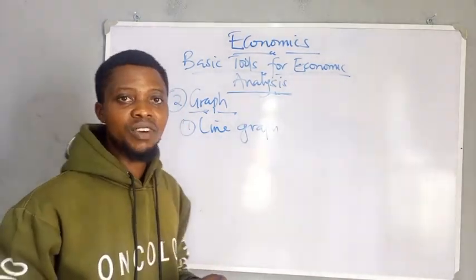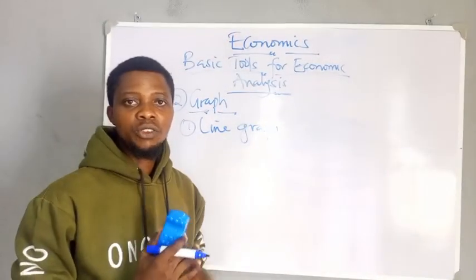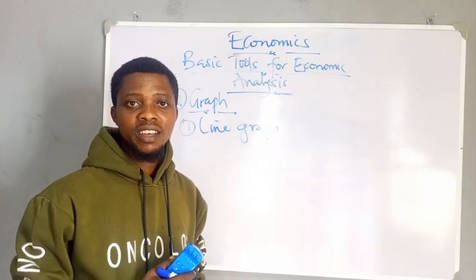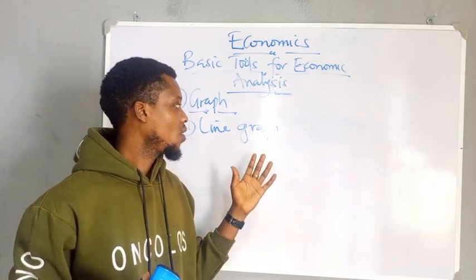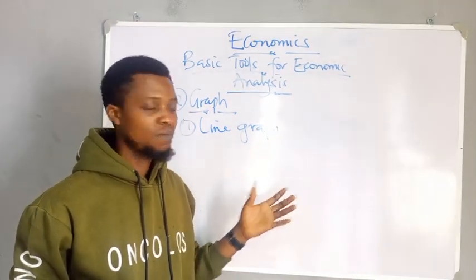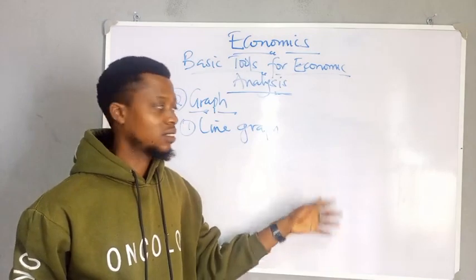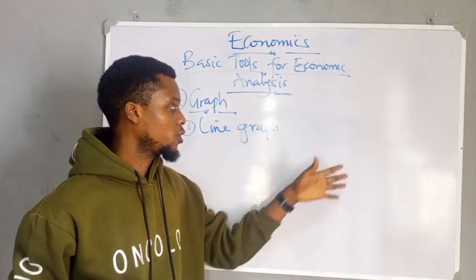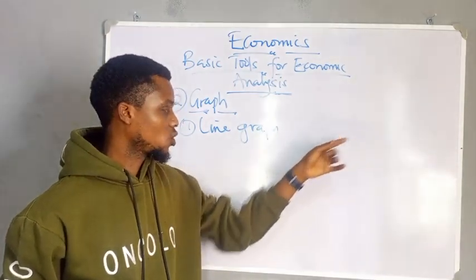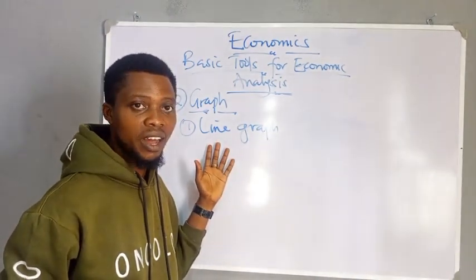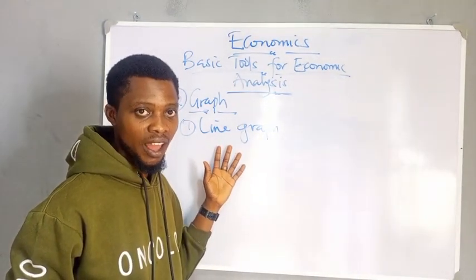Now, what is a line graph? Line graphs are used to join or connect points on the x and the y axis. When you have your x and y axis, you join points from both axes and connect them, and you are likely to have what we call the line graph.